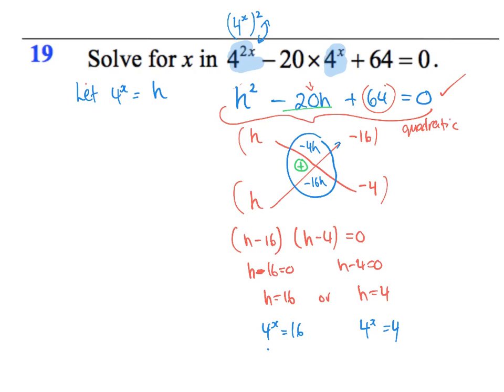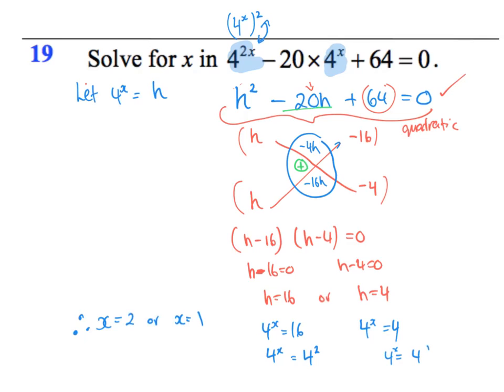Now how could I write 16? It could be written as 4 squared. And that could be 4 to the power of 1. So therefore, x equals 2 or x can equal 1. All right? That's it. And you did a couple of them to begin with.